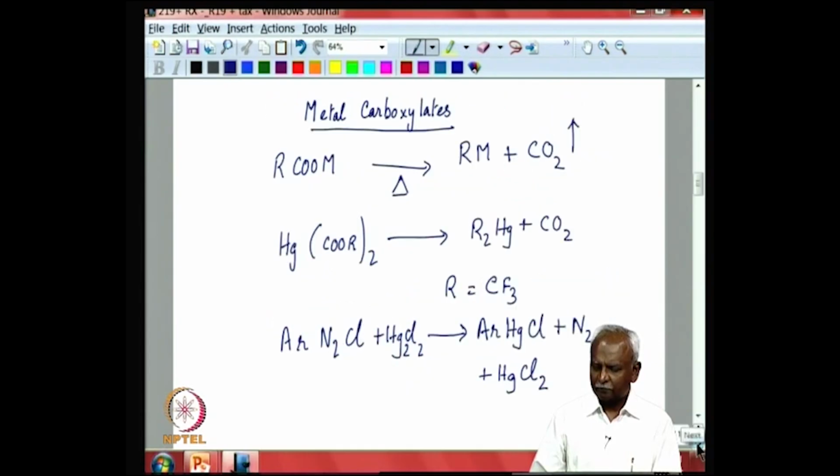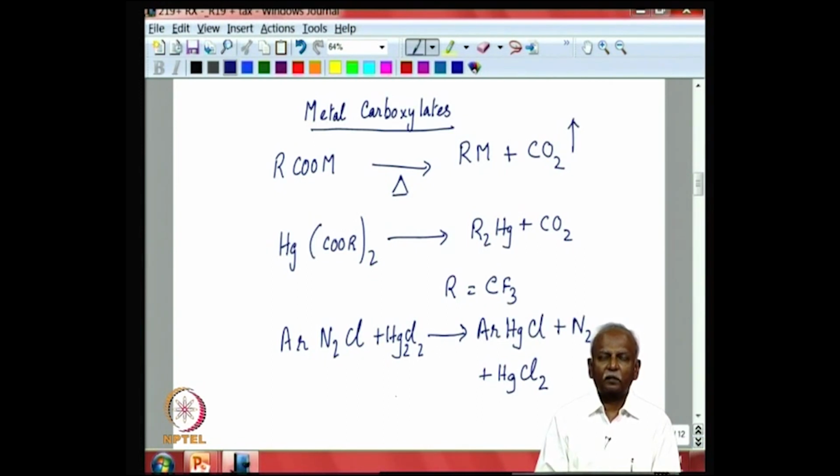These examples illustrate that you have a tendency for a C minus interacting with a metal atom, and that is the basis for forming these metal alkyl species. Here there is a variation in this particular projection that I am showing you.